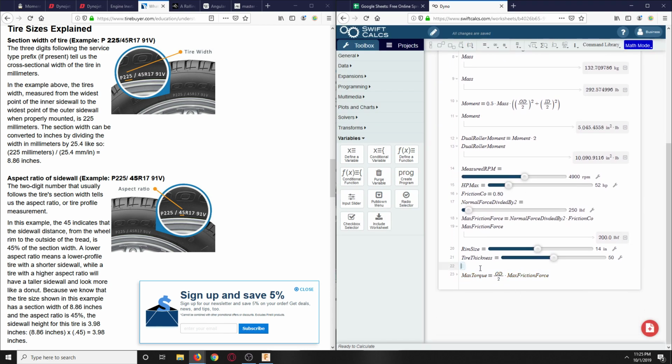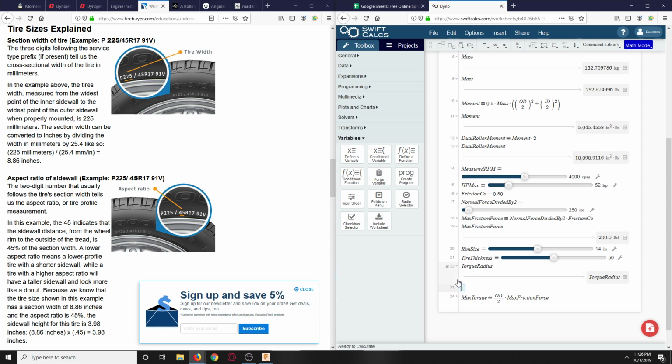And so I'm going to call this torque radius. Okay, so I think I have 50s on the Mustang and the Rabbit. But then the tire width matters.